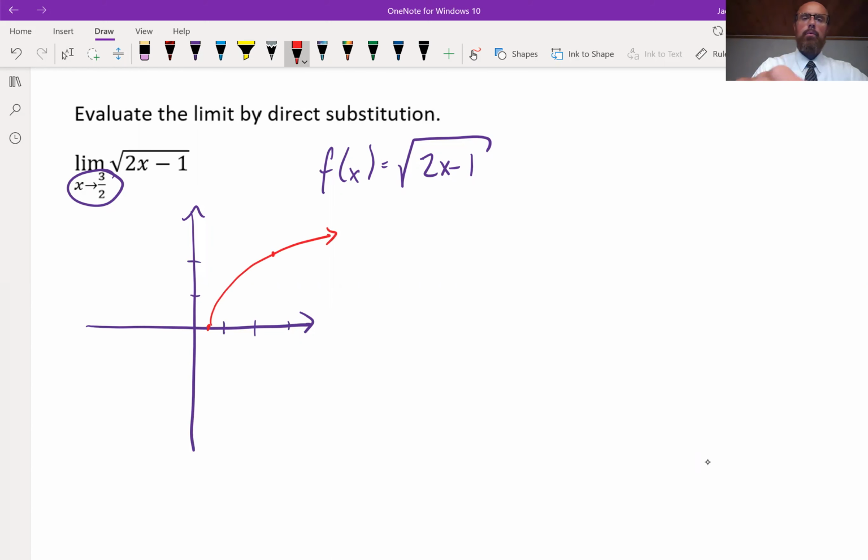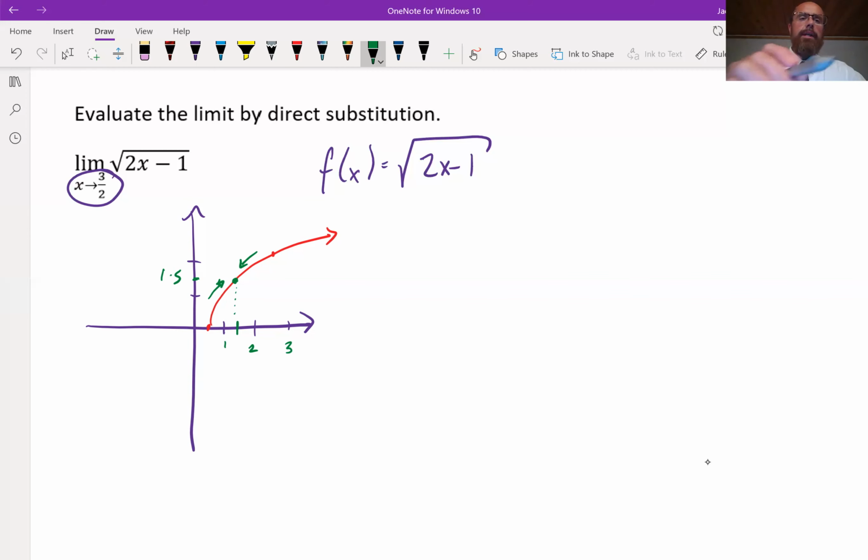Now again, what we're interested in is what's happening to the y value when x gets close to 1.5. So I'm going to trace up to the graph, and really it's that y value there. So probably we could estimate that that's 1.5. Let's see if that's accurate. So we're really saying what's happening to the y value as x approaches 1.5 from the left and 1.5 from the right.